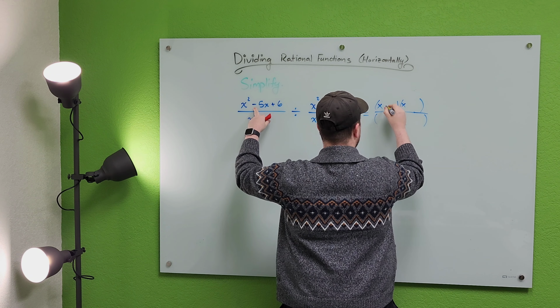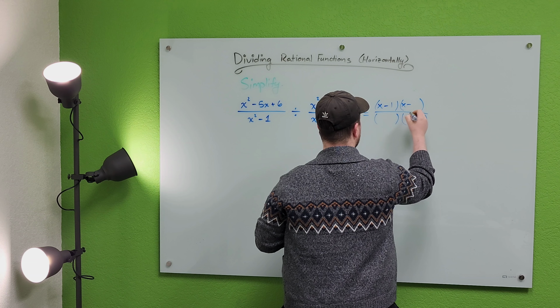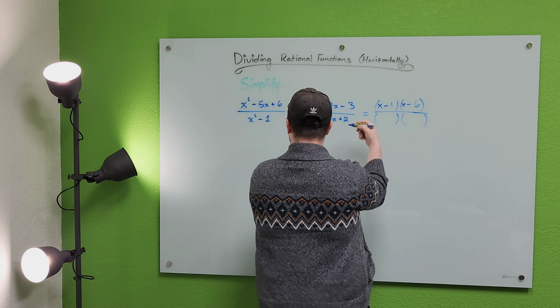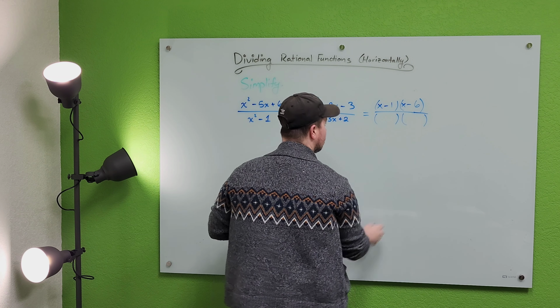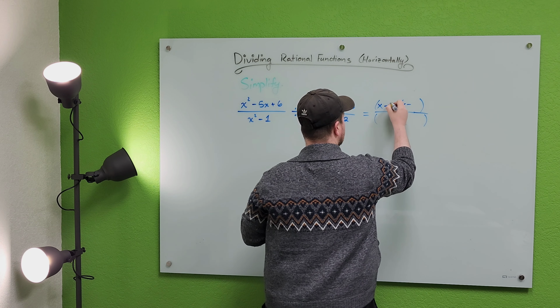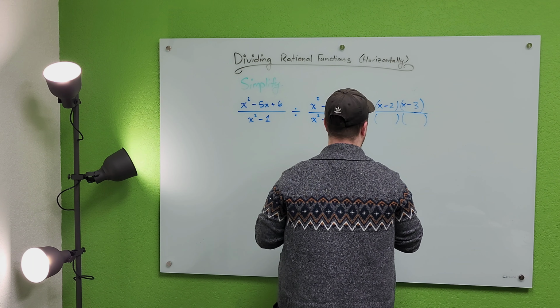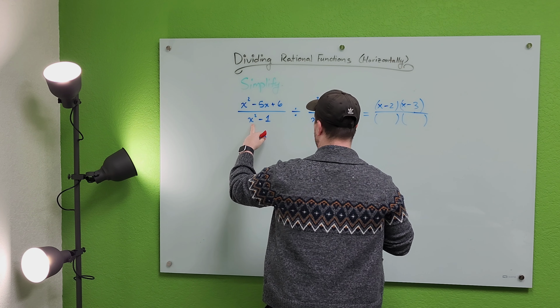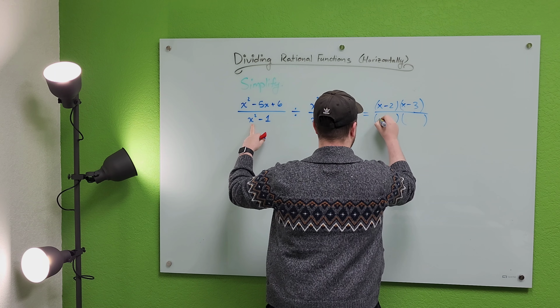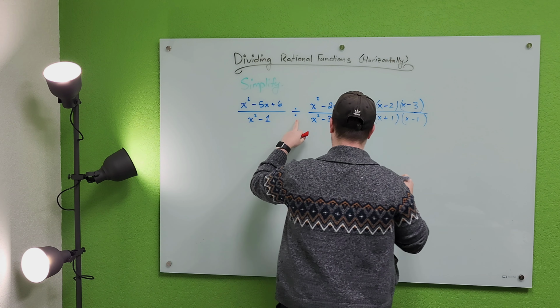Since this is negative, both are negative. And then you multiply 1 and 6. Oh, I'm sorry, that's not right. You're going to multiply 2 and 3 to get 6, and then 2 plus 3 equals 5. Here, this is the difference of squares, which gives us x plus 1, x minus 1.